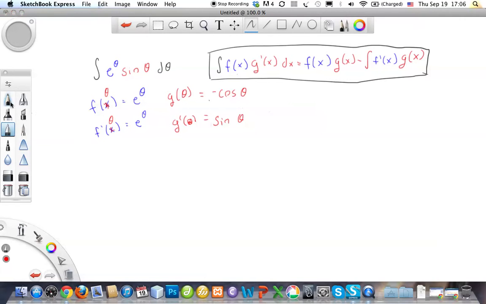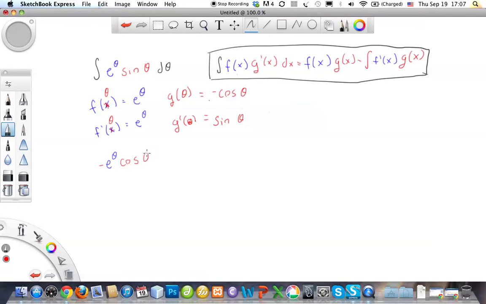By doing this, we can rewrite our function as f of theta times g of theta, which gives us e theta times g theta, which is negative cosine theta.